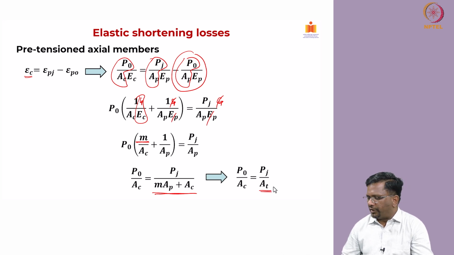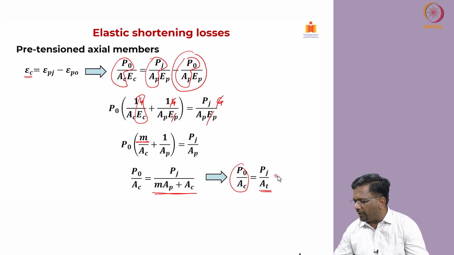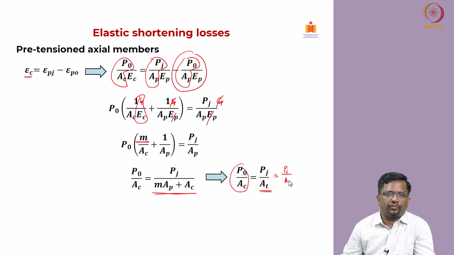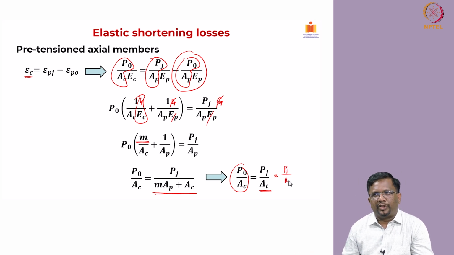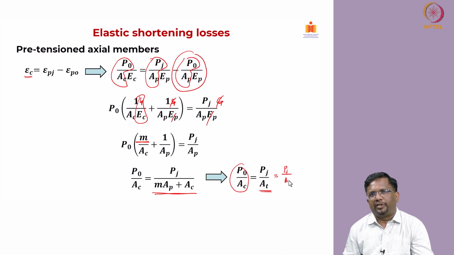So, I can find the delta Fp directly in terms of Pj and AT. This is the actual definition. Further, this is nearly equal to Pj by just A. We can also show through an example that the differences are very negligible if I just use the jacking force and the cross sectional area of the section.